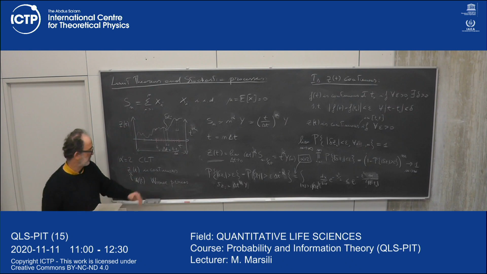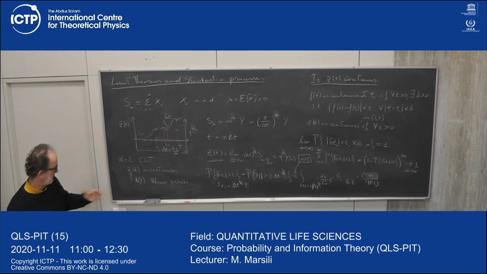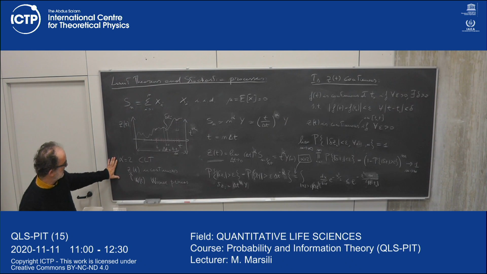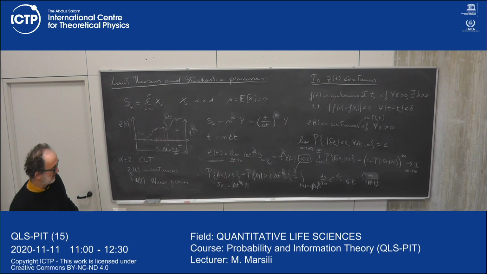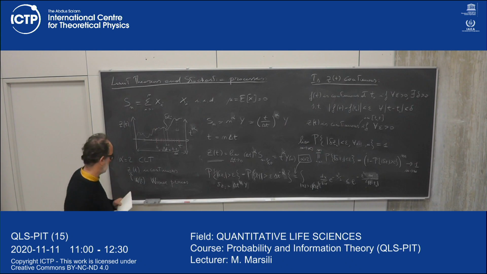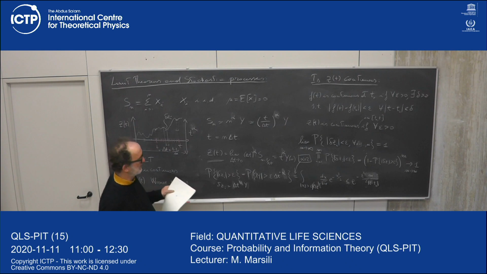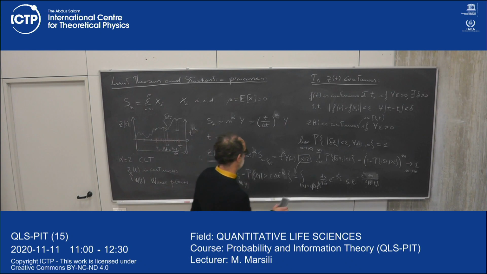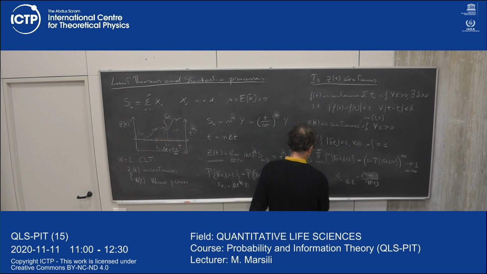Because of Wiener, not because it was invented in Vienna. So we have concluded that for alpha equal to 2, z of t is a continuous process. Now we can do the same argument for alpha less than 2.